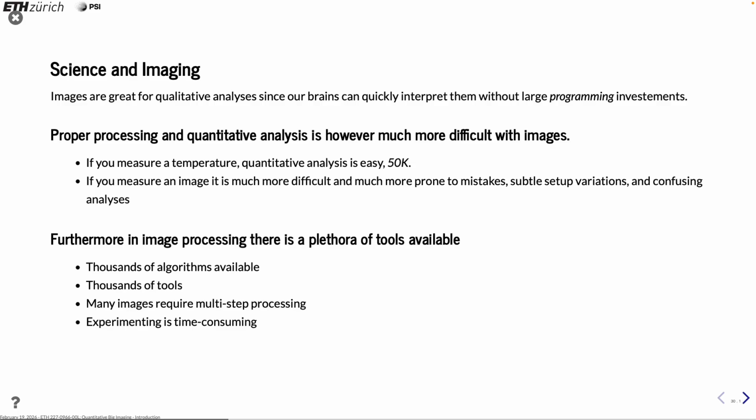The quantitative analysis is easy in some cases. For example, if you just want to measure the temperature, it's easy. Put in the thermometer, maybe you have some uncertainty information about it, but afterwards you get 50 Kelvin and everybody's happy, 50 Kelvin plus minus something.